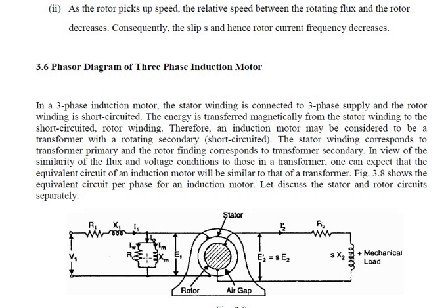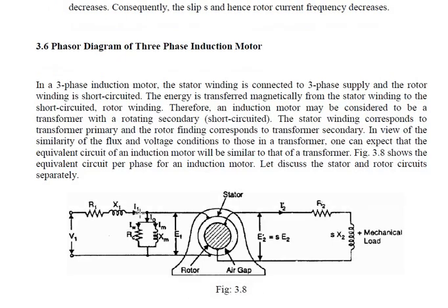This is the RC resistance, this is XM, where IW is the working current component and IM is the magnetizing current component, and I0 is called the no load current, which is divided into IW and IM. RC is the core loss resistance, and XM is the magnetizing reactance of the stator circuit.